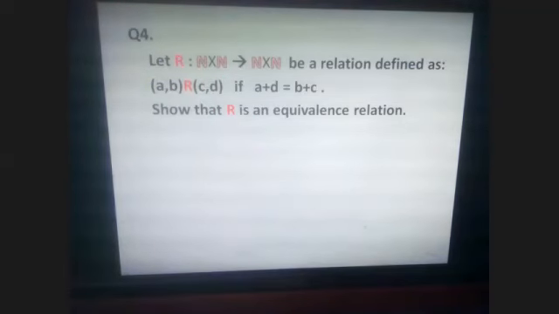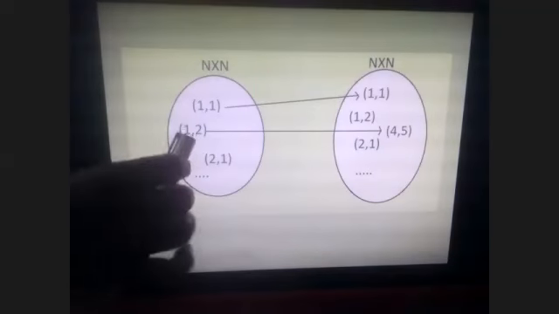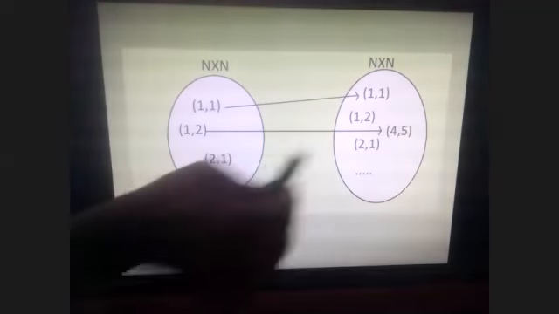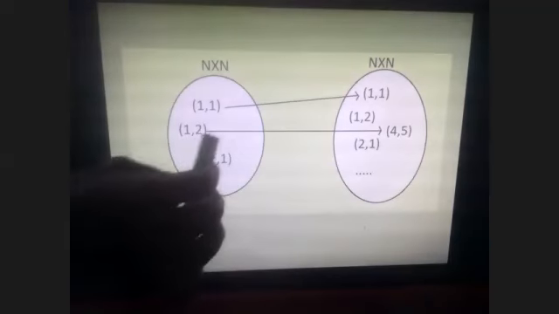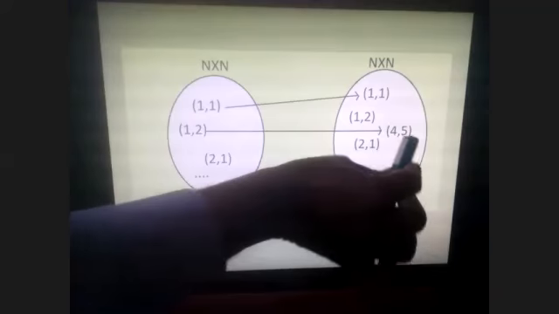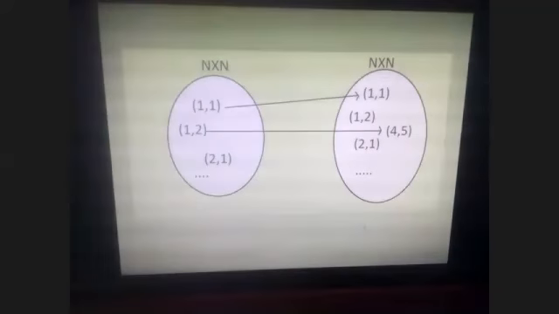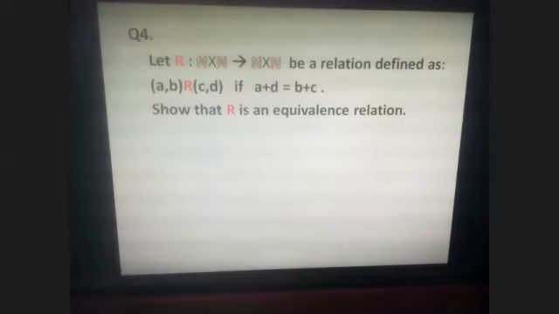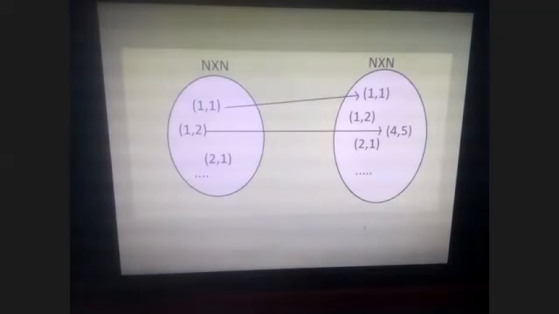Understand it very carefully. (1, 1) is related to (1, 1). (1, 2) is related to (4, 5). I'm just producing some examples for you. (1, 2) is related to (4, 5) because the sum of the far ones, 1 plus 5, is 6, and 2 plus 4 is 6. So the definition is that if (A, B) is related to (C, D), then A plus D will be B plus C. Well, I think the relation is clear now.